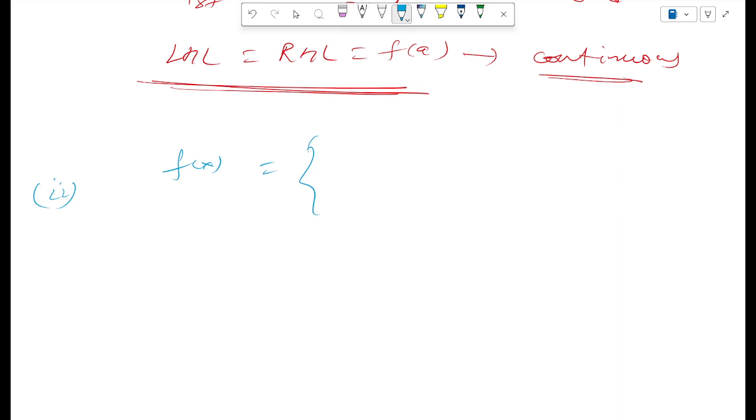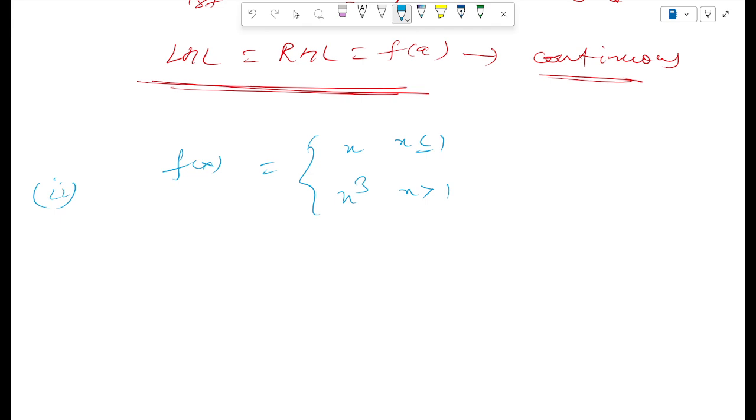In continuity and differentiability, you will mostly get piecewise functions to check whether they are continuous or not. Let's say this is x when x is less than or equal to 1, and this is x cube when x is greater than 1. This is the function.